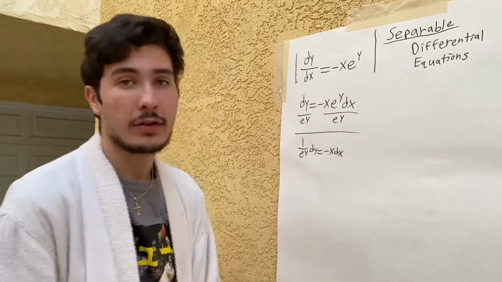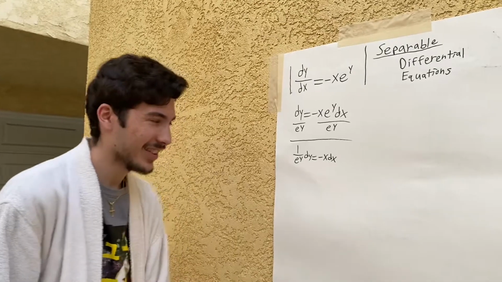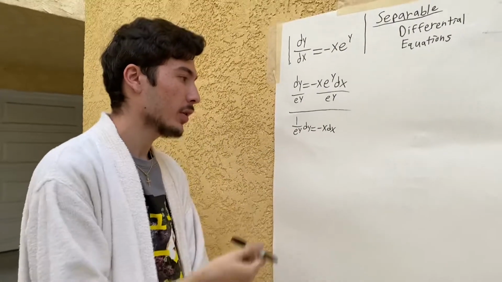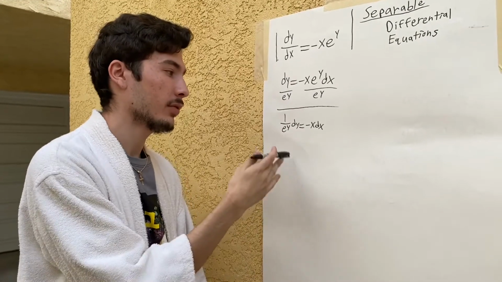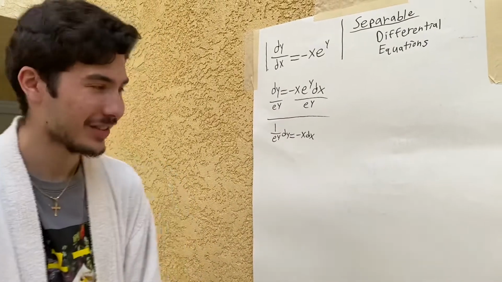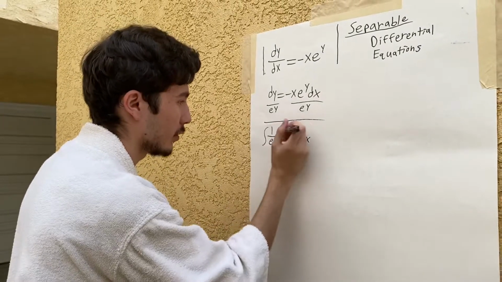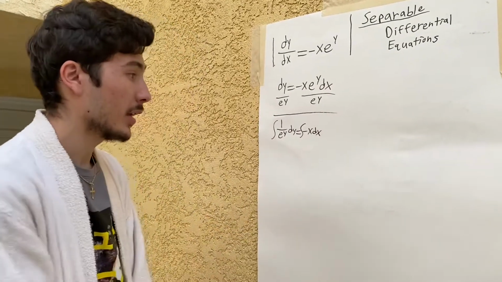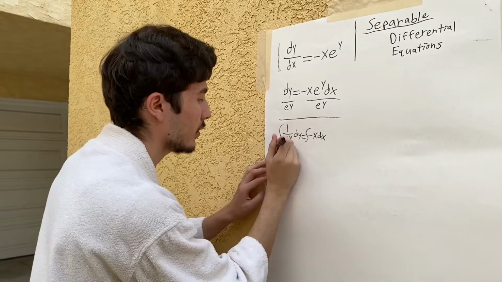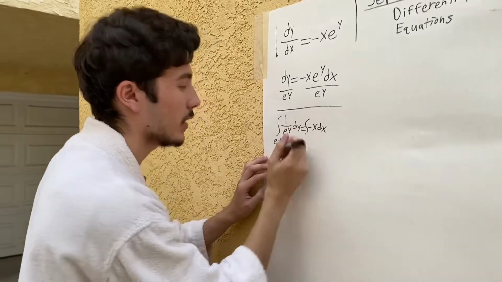I'm going to be saying x and y a lot in this video. Okay, so now that we have this, how do you get rid of dy dx and just have y? Integration. So I can just integrate this side and this side. This gets a bit confusing as well, so I'm just going to simplify this to be e to the negative y.